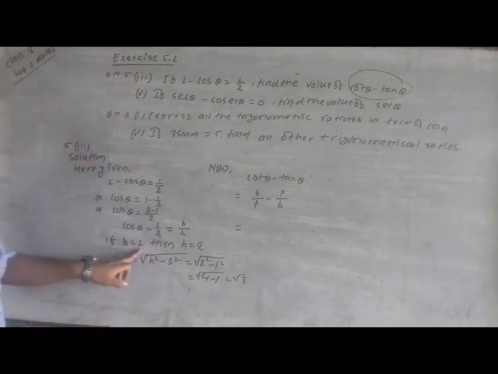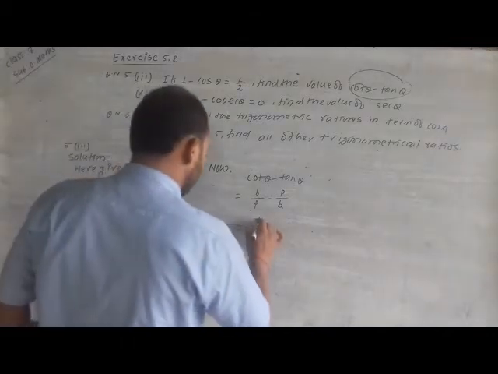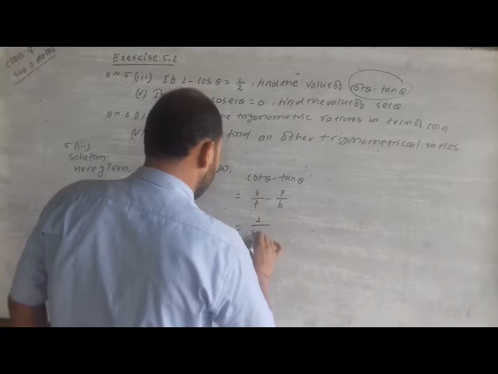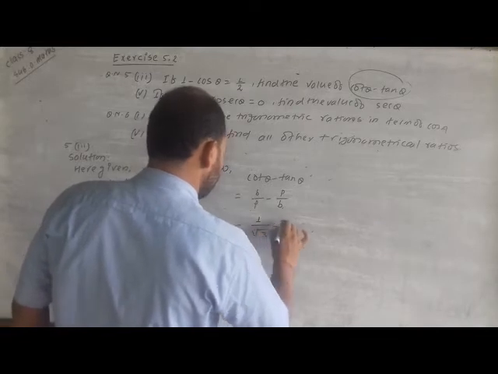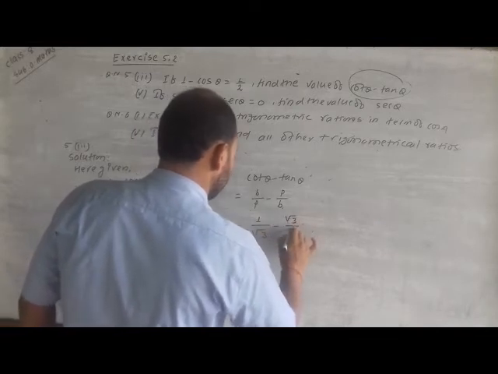The b is equal to 1, and p is equal to root 3, so 1 by root 3 minus root 3 by 1.